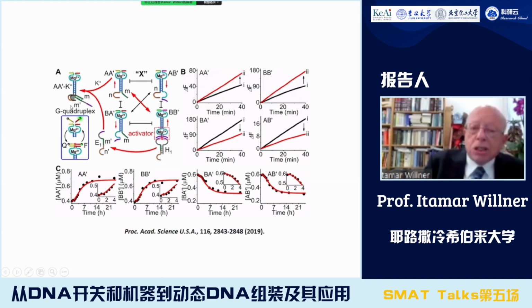But formation of the G quadruplex on this constituent will stabilize this constituent. If this constituent is stabilized, it will be enriched. But if this is enriched, we know already that BB prime will be concomitantly also enriched.